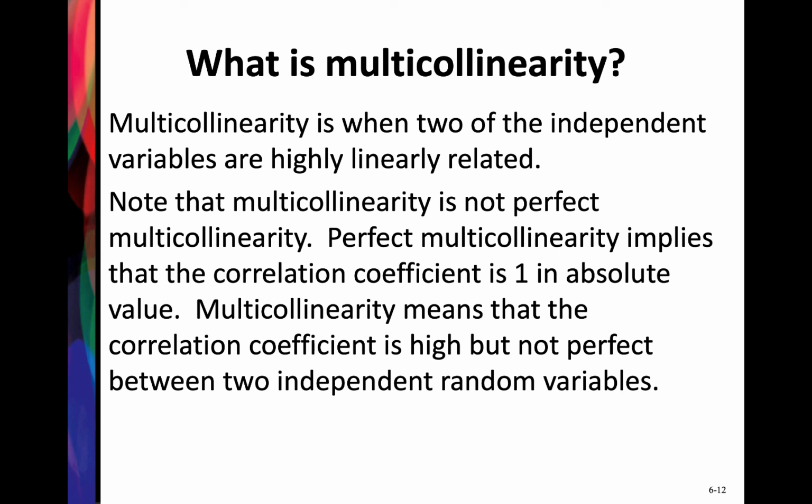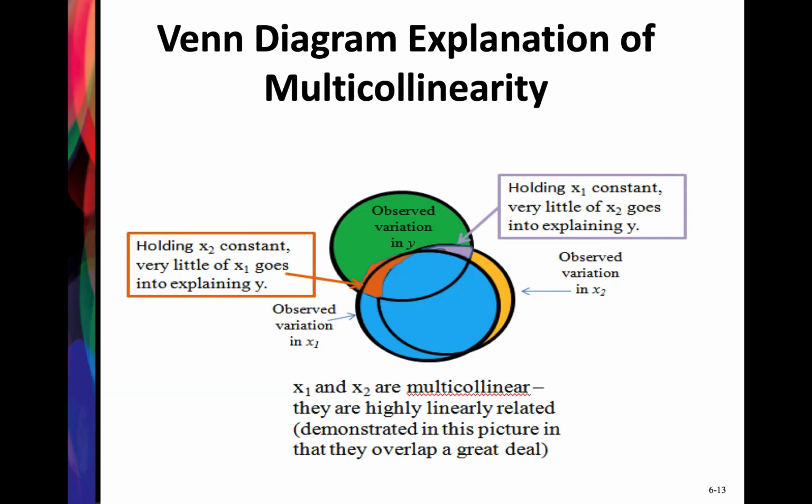It's not perfect multicollinearity. Perfect multicollinearity is if these two independent variables have a correlation coefficient of 1 in absolute value, so it could be 1 or -1. But multicollinearity means that the correlation coefficient is high but not perfect between the two independent variables.